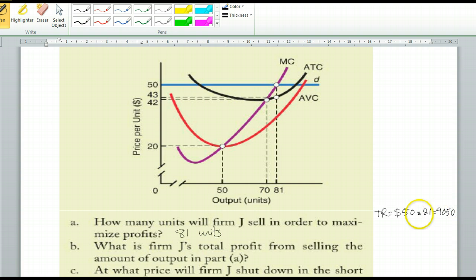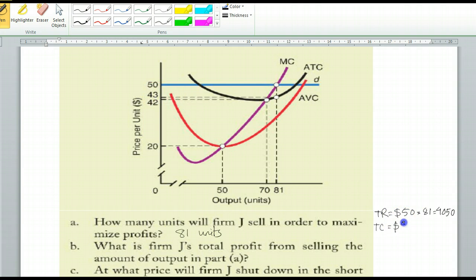$4,050 to be total revenue, and total cost is going to be per unit cost times the quantity produced and sold. So shown by this average total cost, the unit cost when 81 units are produced, the per unit cost shown by this point here on the average total cost is $43.